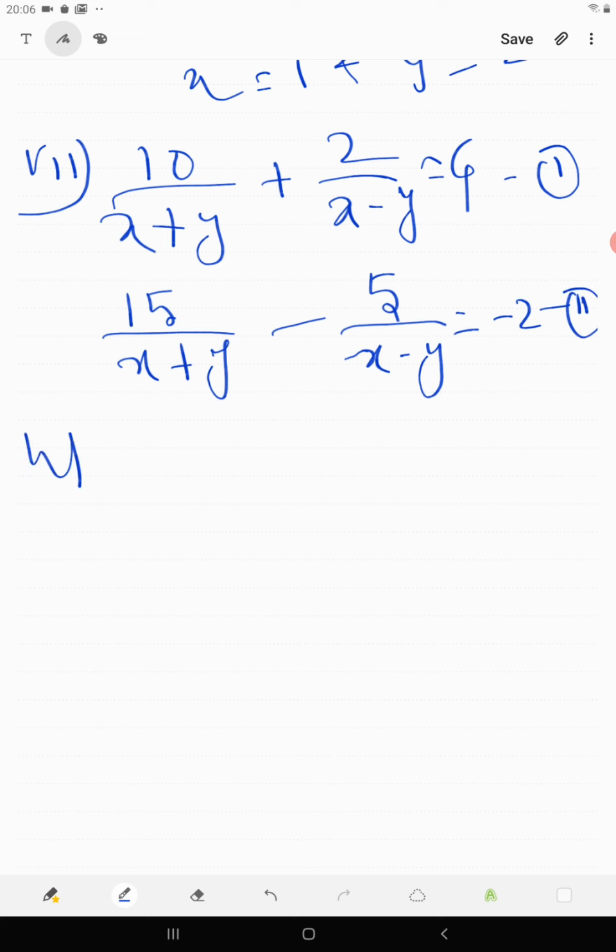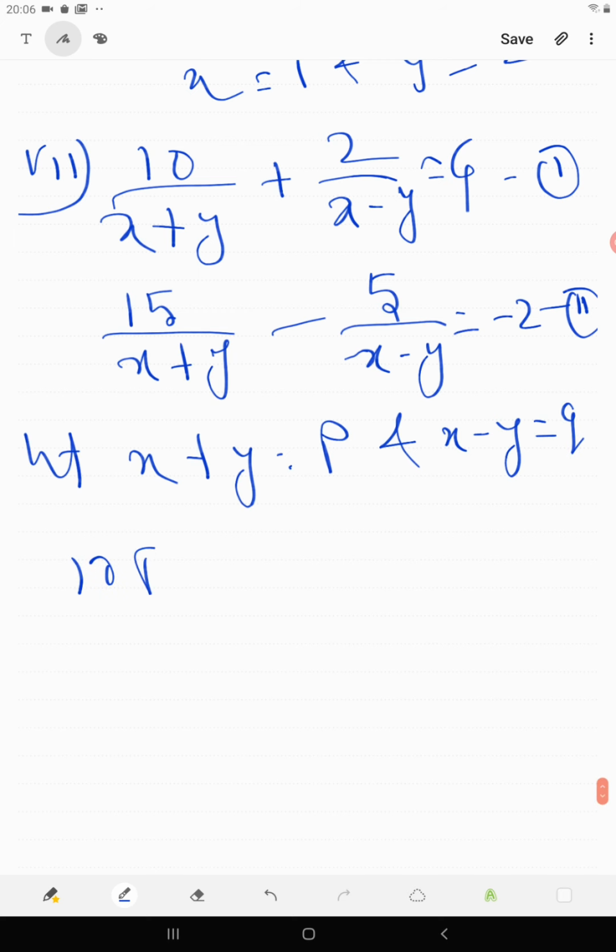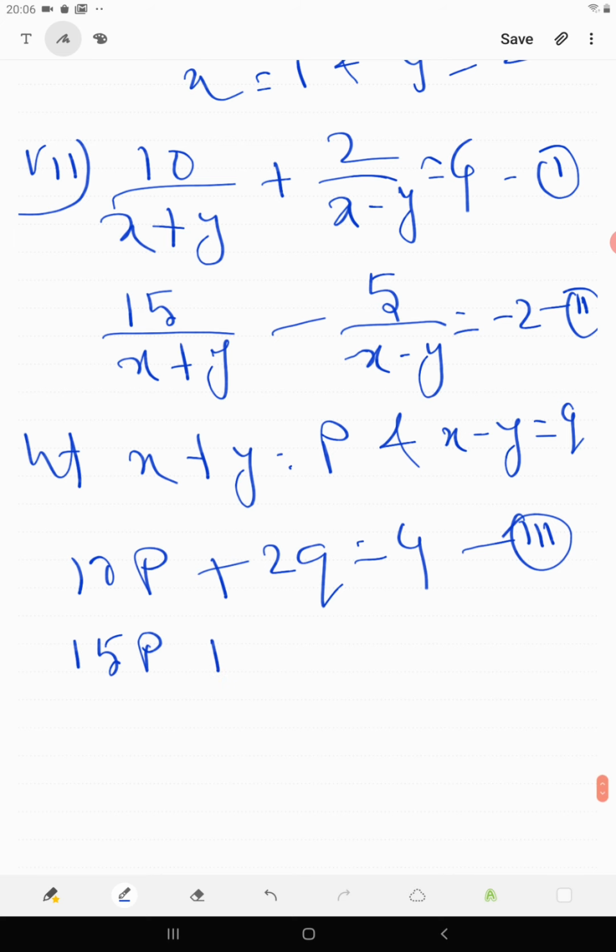So here we will assume let x plus y equals p and x minus y equals q. So our equation becomes 10p plus 2q equals 4. This is our equation 3. And 15p minus 5q equals minus 2.